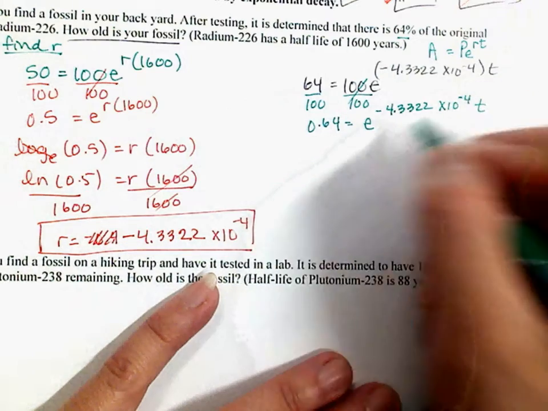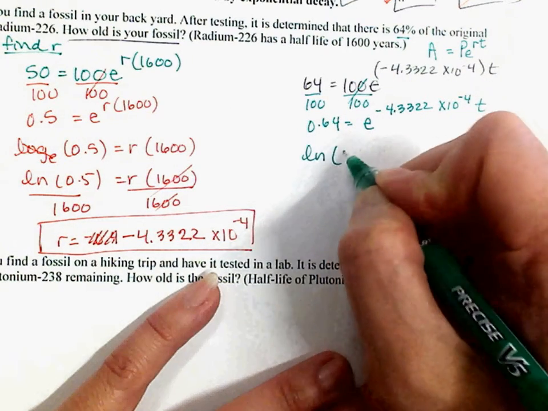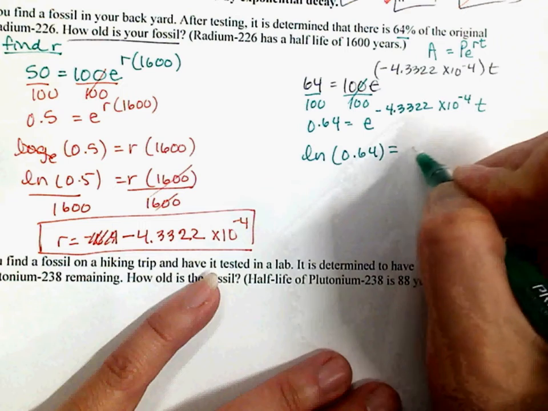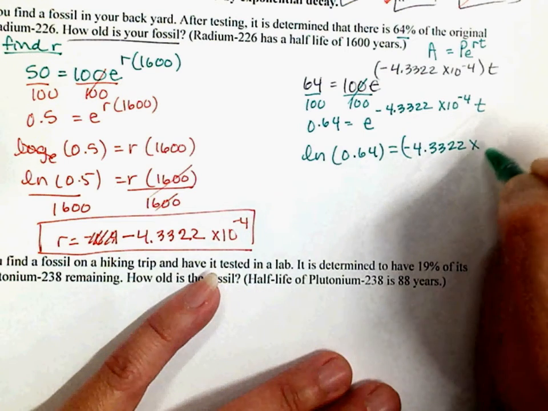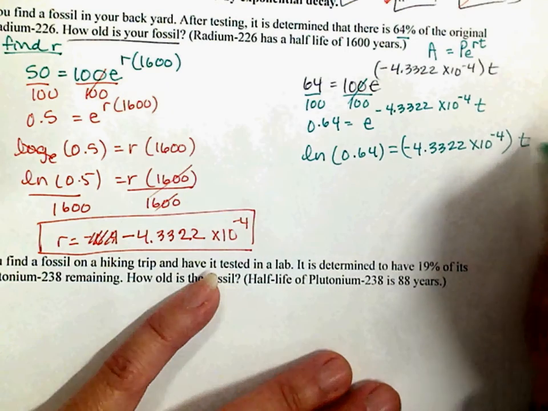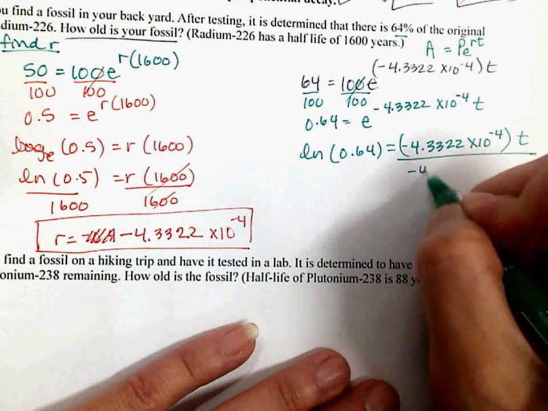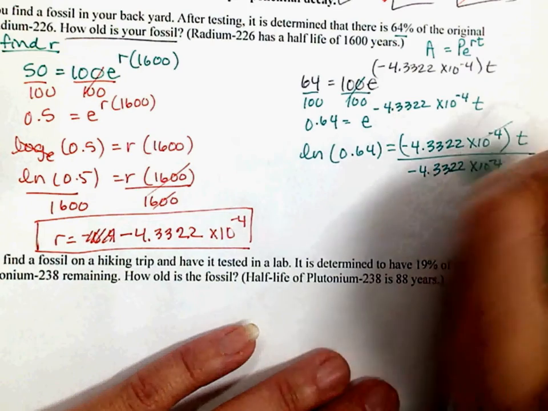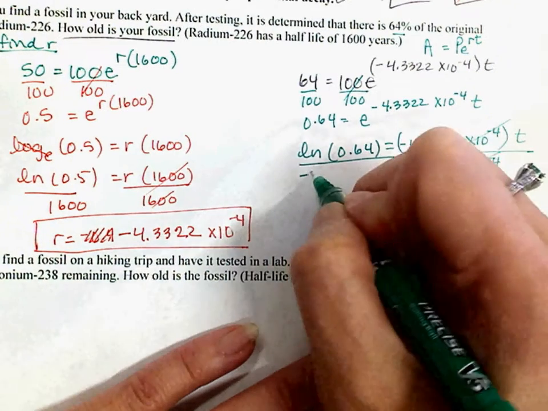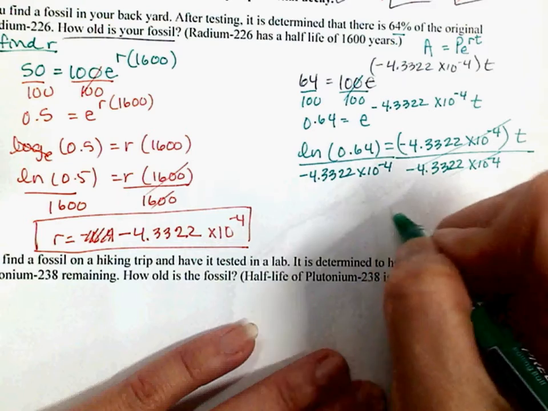Well, log has a base E, so I'm going to skip that and go to natural log of 0.64 equals negative 4.3322 times 10 to the negative 4t. Solving for t, divide. What you do to one side, you do to the other side. So that'll give you t.